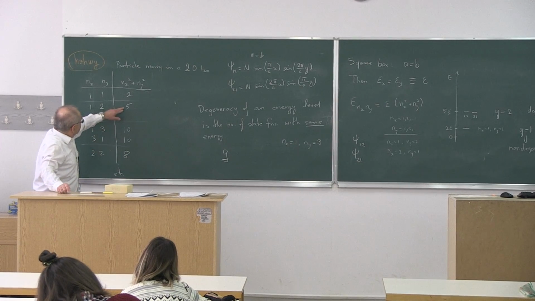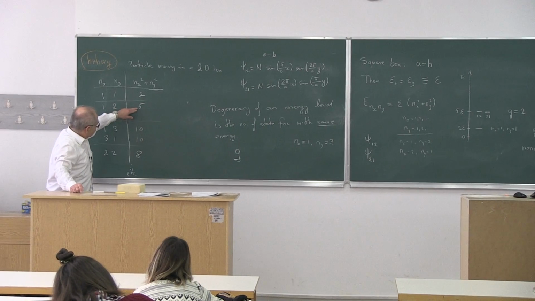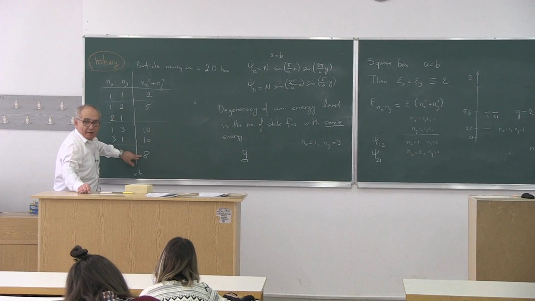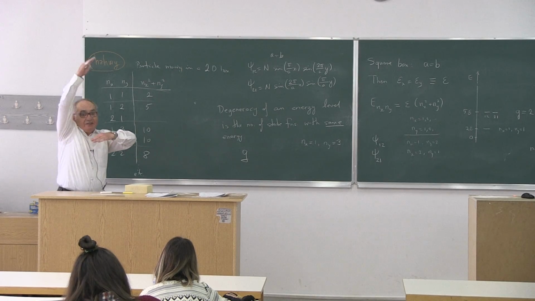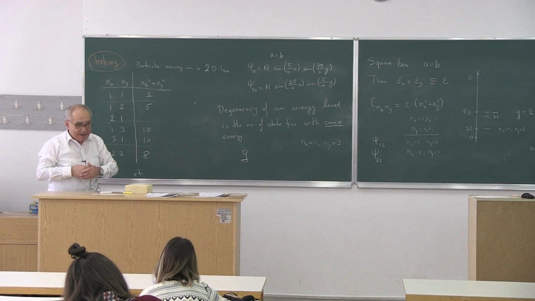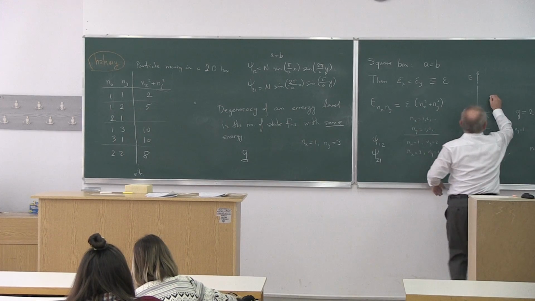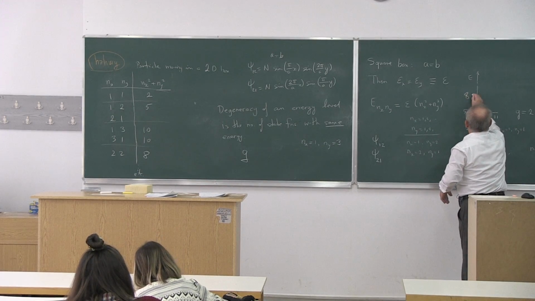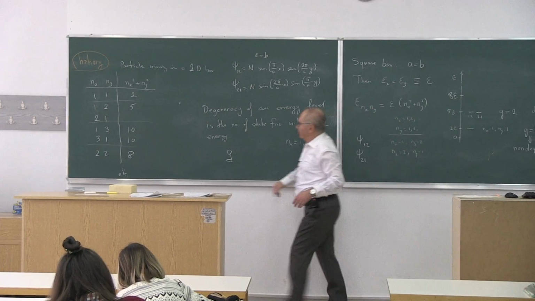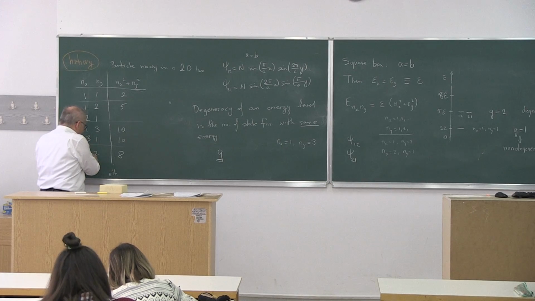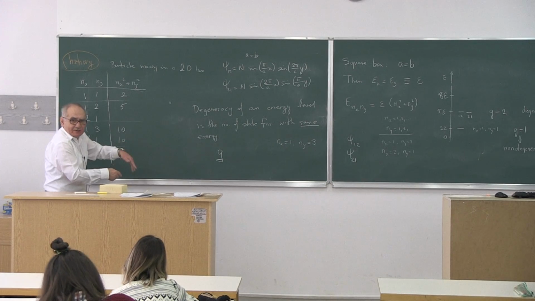Now, what do you see? After 5 Fs, what is the next energy level? Is it this one or this one? In increasing order, 8. So, the next one is 8 Fs. Is there any other selection of the integers which will give 8 Fs?